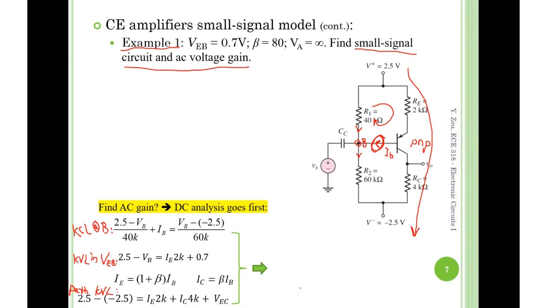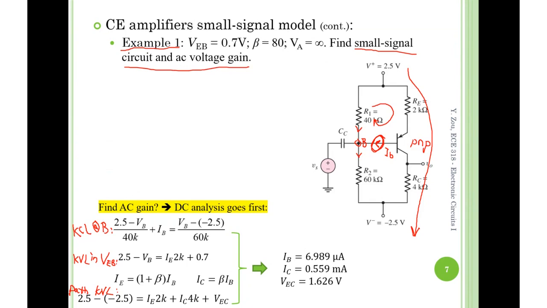Actually, if anyone got the results, for example IC, because we need IC for AC, right? Kevin's right. Kevin got the correct answer here. It's about 0.56 milli. IB, as we mentioned before, is in micro. That makes perfect sense. Any questions regarding the DC analysis?